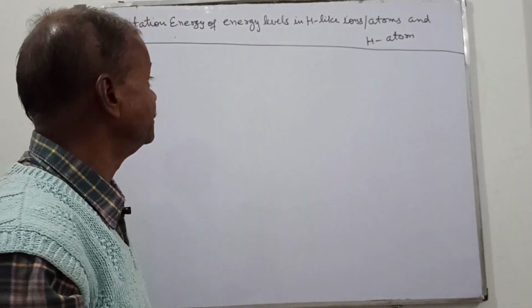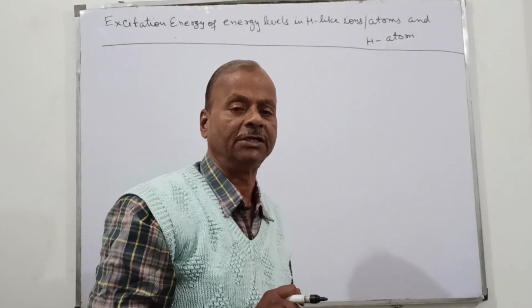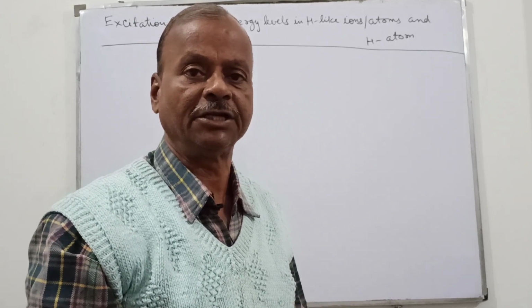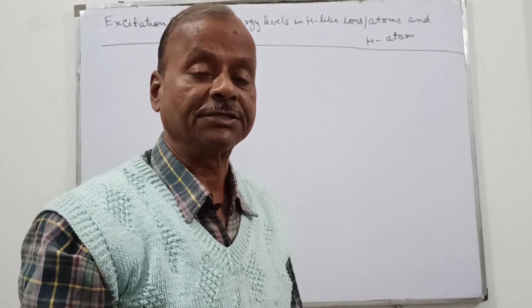So we know that whatever energy is possessed by the electron in its orbit or in its energy level, that is the excitation energy.